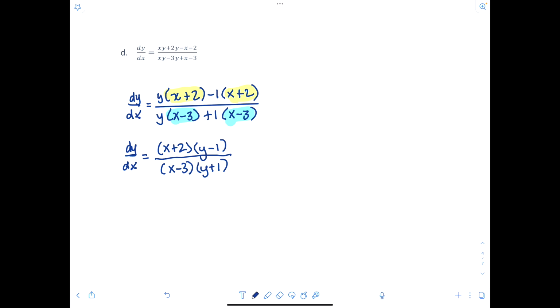And if I multiply by the reciprocal of those 2 y factors, that fraction there, I'll get (y plus 1) over (y minus 1) dy, getting the dx on the other side. I'll have (x plus 2) over (x minus 3) dx. Cool?